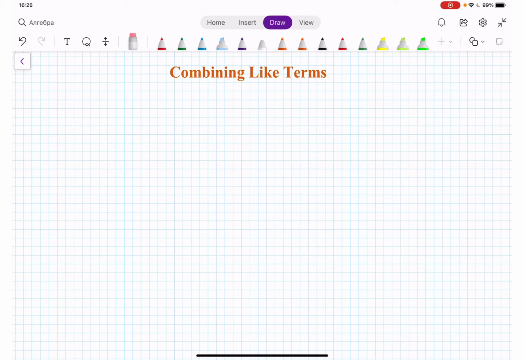Combining like terms. Before I start solving problems on how to combine like terms, I would like to explain which ones we consider like terms and what for. The thing is, the like terms we can combine, meaning we can add or subtract. The problem is identifying which terms are like.